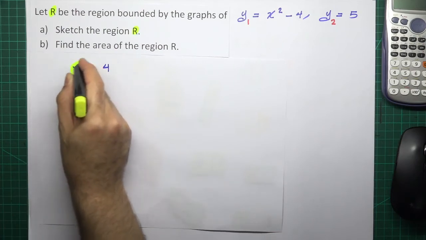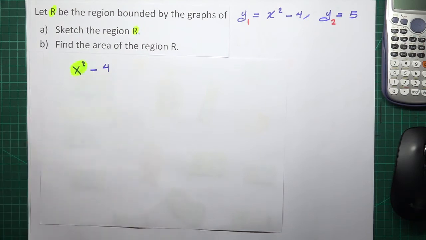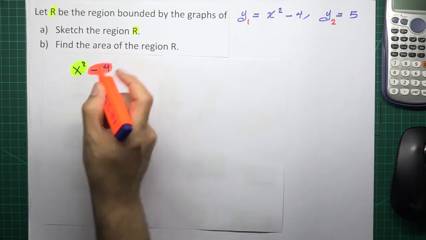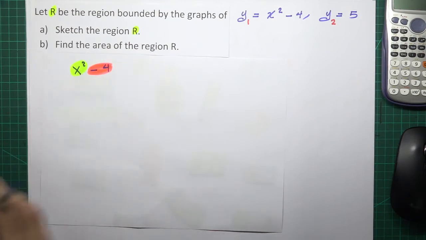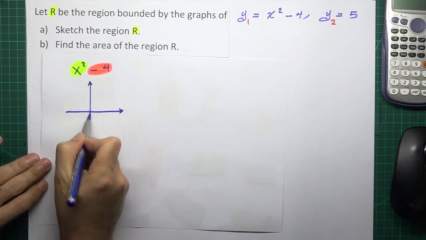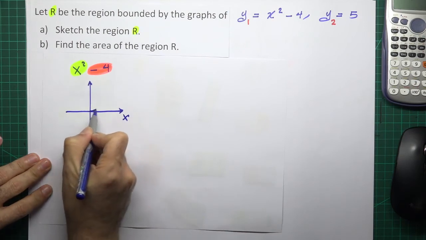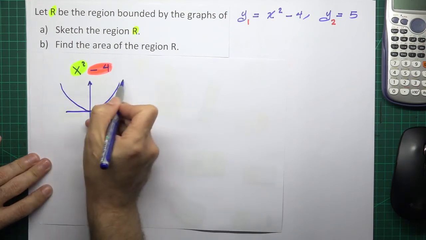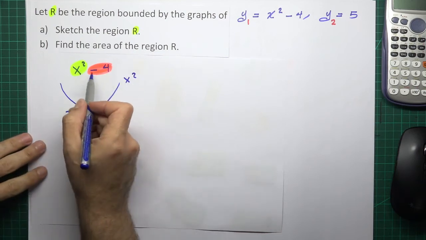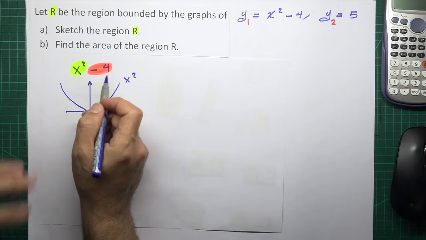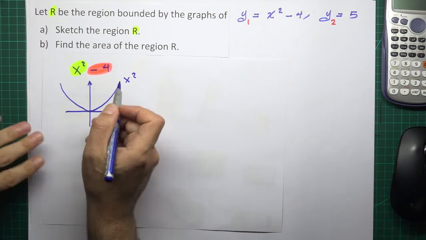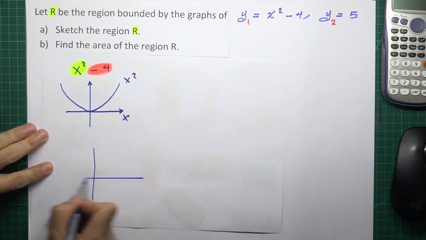This one is the parent function, and here we have minus 4, a constant. Hopefully from the previous videos everyone knows that this is x squared, the parent function we have to memorize. And minus 4 means I will shift this graph 4 units down.